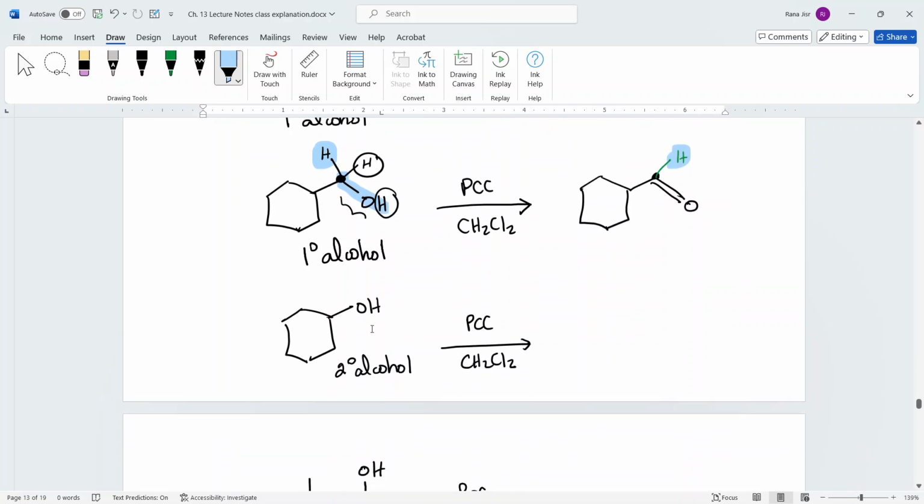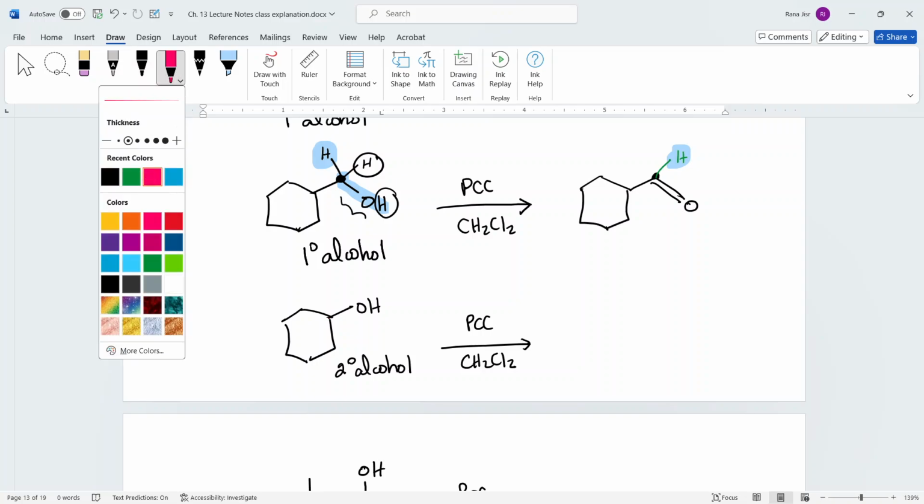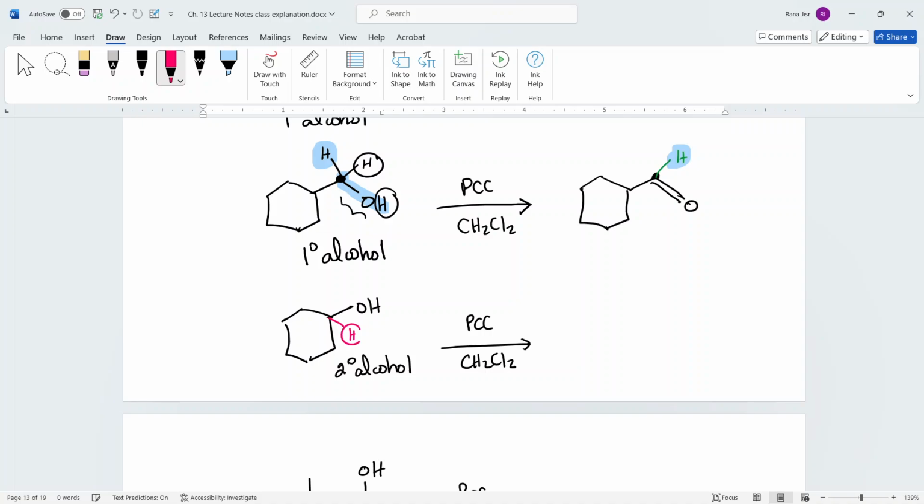For the secondary alcohol, same idea. Actually, with secondary alcohols, it doesn't matter if it's a strong or mild oxidizing agent, because you don't have any further hydrogen to oxidize. So you're always going to end up getting a ketone, no matter what you do. So over here on this carbon, I'm going to lose the hydrogen on the carbon. I'm going to lose the hydrogen on the oxygen in there.